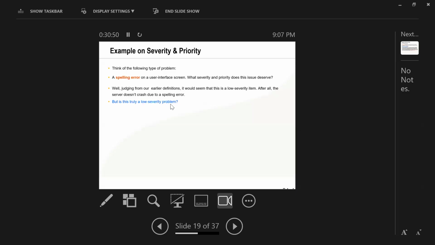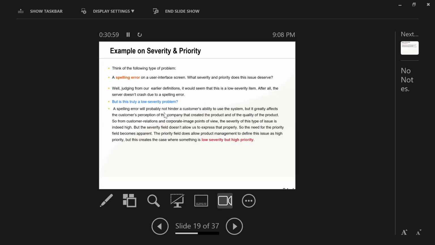The bug is a truly low severity problem, right? But is this truly a problem? A spelling error would probably not hinder a customer's ability to use the system, but it generally affects the customer perception. Sometimes spelling errors also mislead. It changes the customer's perception of the company and the quality of the product.